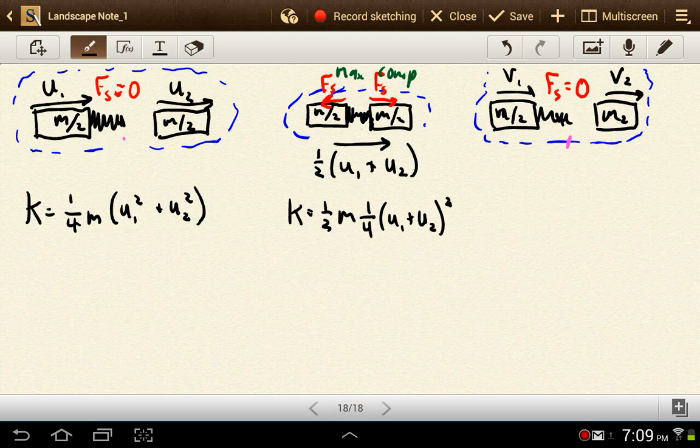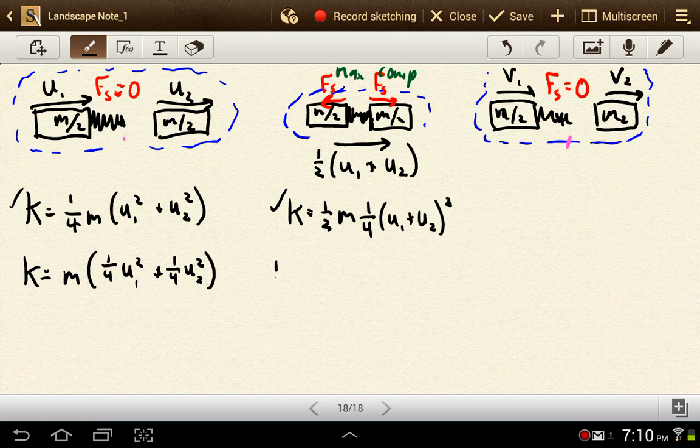Okay, so now I want to expand this all out a little bit, because we want to find the potential energy stored in the spring, right? Which is going to be the difference of this kinetic energy and this kinetic energy. So I want to expand these out a little and say this kinetic energy is m times (1/4 u1 squared plus 1/4 u2 squared), okay?